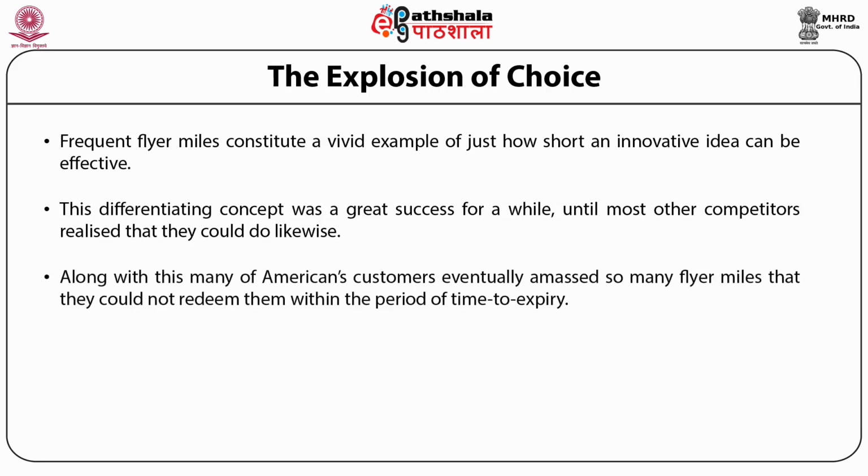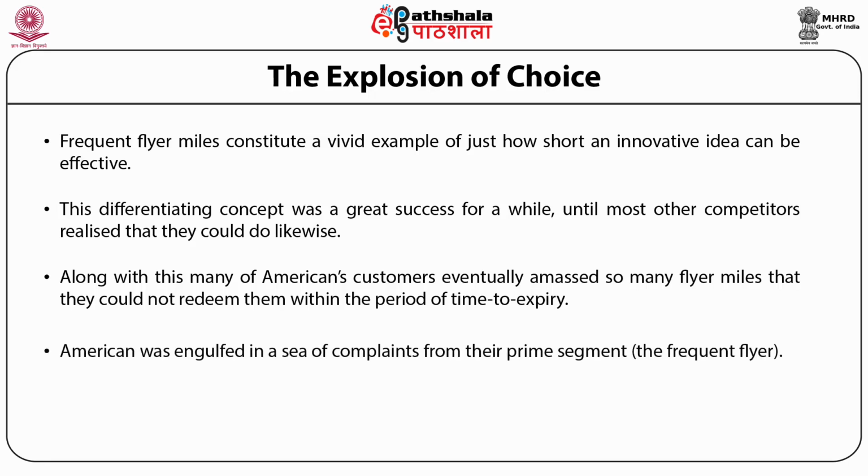Along with this, many of American's customers eventually amassed so many flyer miles that they could not redeem them within the period of time to expiry. American was engulfed in a sea of complaints from their prime segment, which was their frequent flyers.